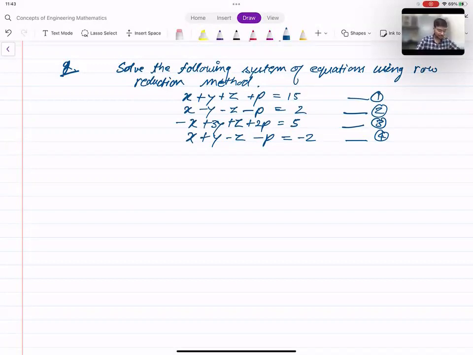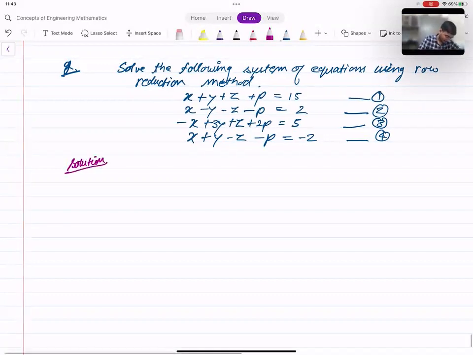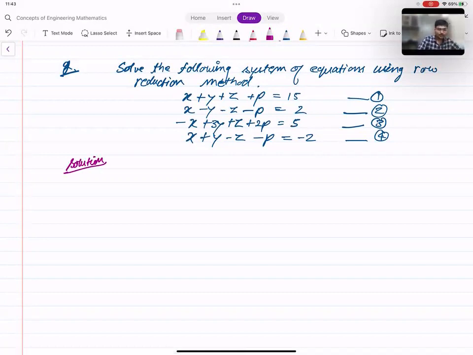So since here we need only the augmented matrix, so let us directly form the augmented matrix and begin our solution. So here we have say the augmented matrix A is given as, there are 4 rows here. So 1 1 minus 1 and 1.